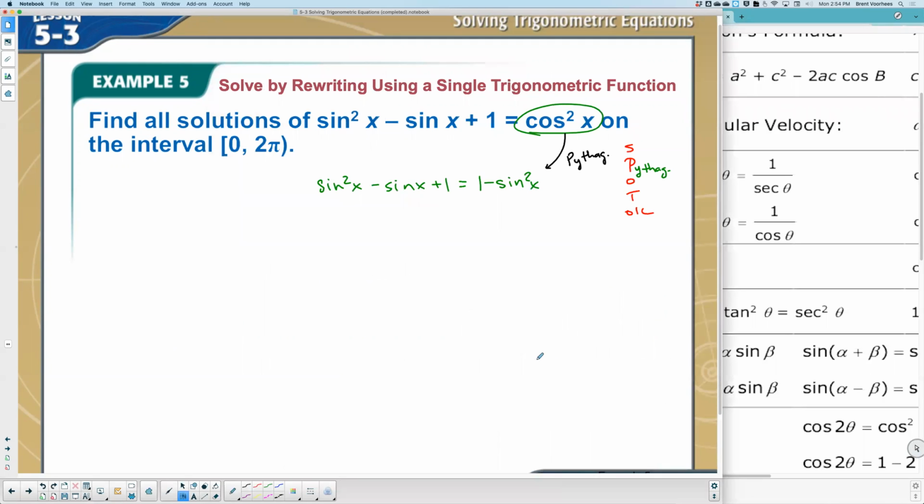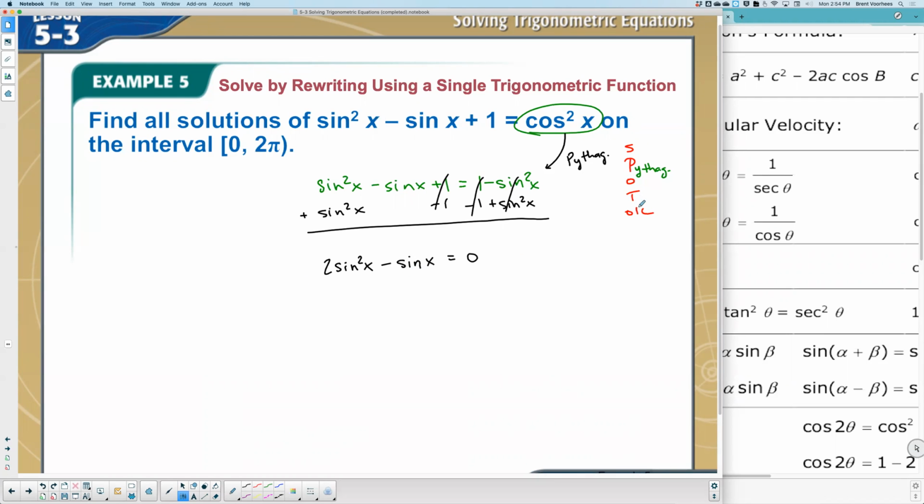And now I can combine my like terms. I can subtract 1 from both sides, and I could add a sine squared to both sides. So I should have 2 sine squared x minus sine x equals 0.